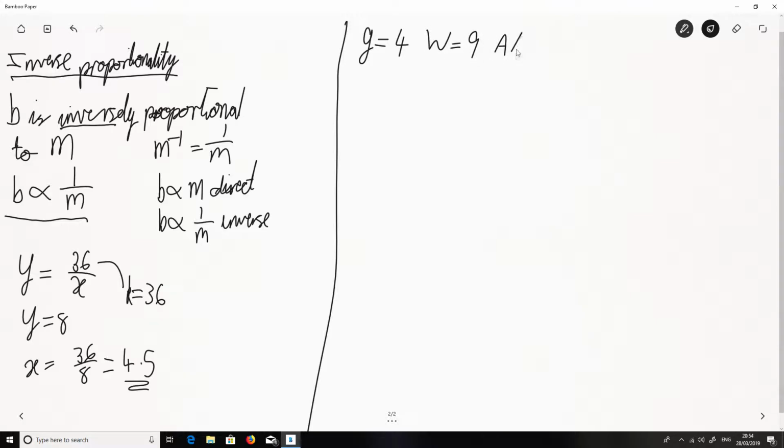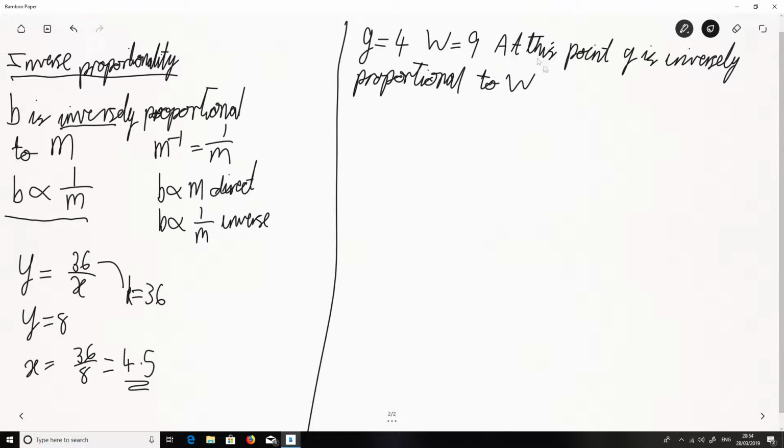And at this point, G is inversely proportional to W. So we know that that means G is proportional to 1 over W.